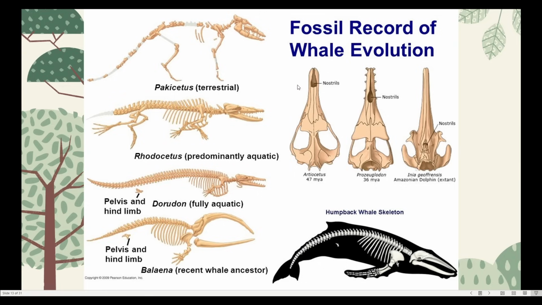Also, if we look at the head of the whale, based on fossil records, we can see that the nostrils seem to be located nearer the end of the nose. Okay? Para sa tao, diba, yung nostrils natin nasa dulo ng nose natin. Pero, as years went by, nakikita natin na itong nostrils na to umaangat papunta sa mata.